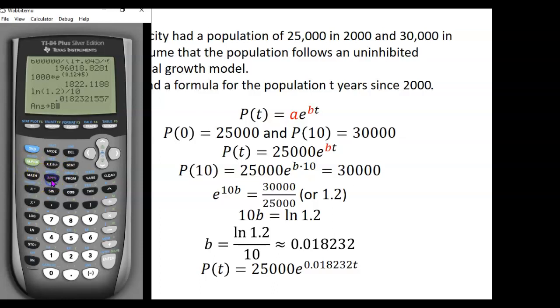It shows up as a B. I hit enter, and now that number has been stored in the calculator's memory as B. From here on out, if I push alpha B, the calculator is going to give me that number as the value for B.